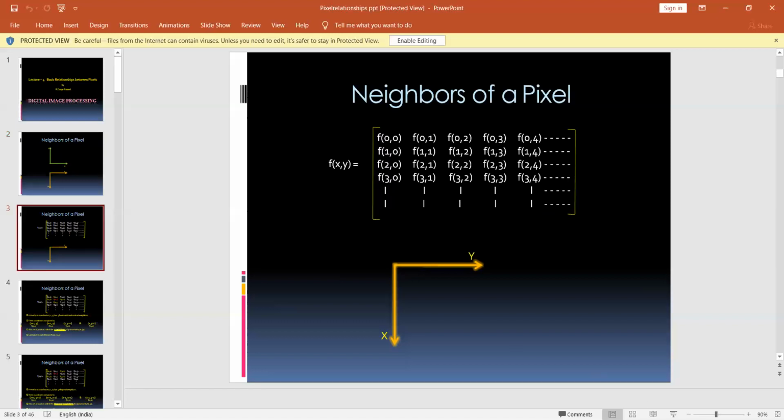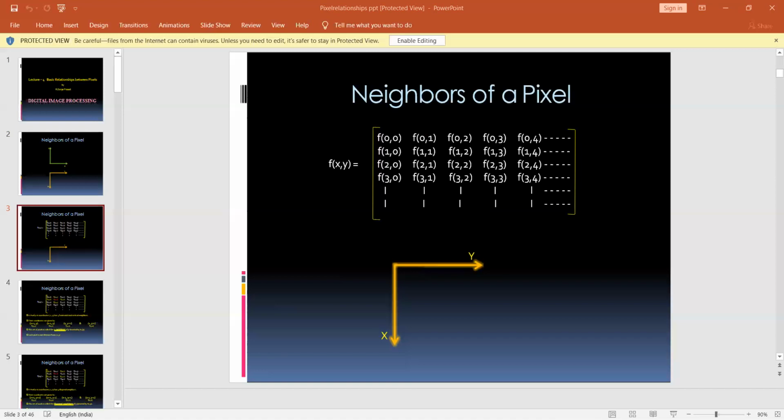Next, neighbors of any pixel. Let us consider f of 1 comma 1 as a neighboring pixel. This is some function, the input function for any given image. The pixel positions start from 0,0; 0,1; 0,2 and so on. Next, the first row: 1,0; 1,1 and so on.